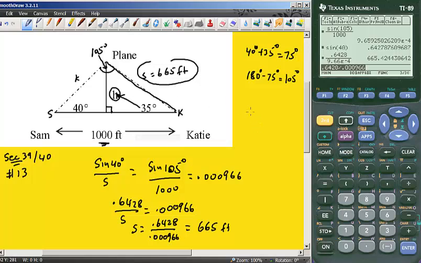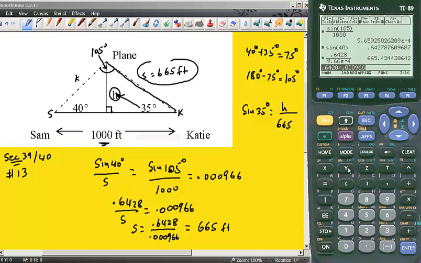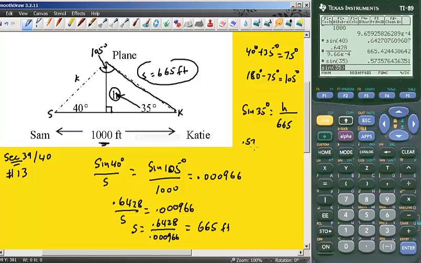So sine of 35 degrees is equal to the opposite, which is h, over the hypotenuse, which is 665. Sine of 35 degrees turns out to be 0.5736, which is equal to h over 665.